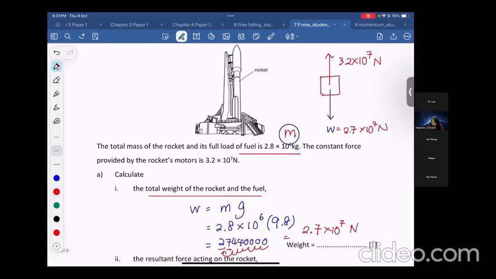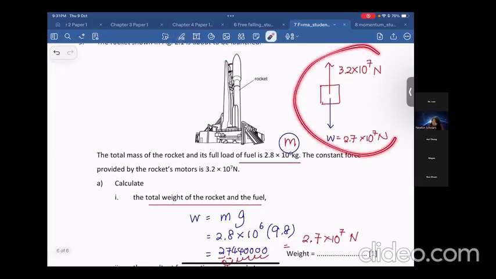Can you find the resultant force? You see, I already drew it out. What is your resultant force? Using the big force minus the small force.